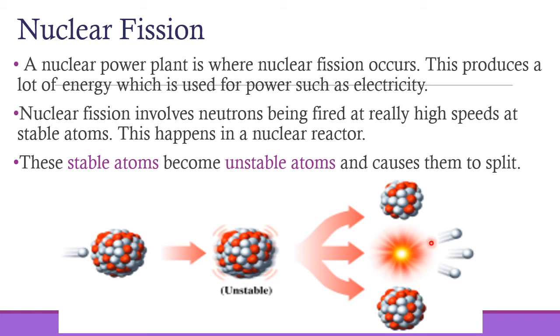In this process, it releases subatomic particles, creating a huge amount of energy. This causes a chain reaction which continues across millions and millions of other unstable atoms, which in total produces a huge amount of energy. And this energy is then converted into power and electricity for us.